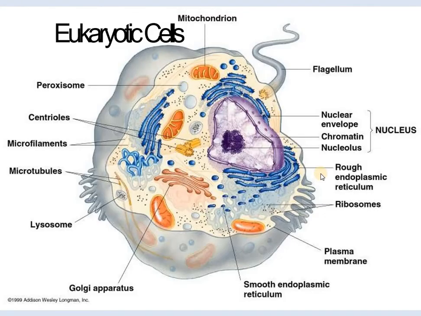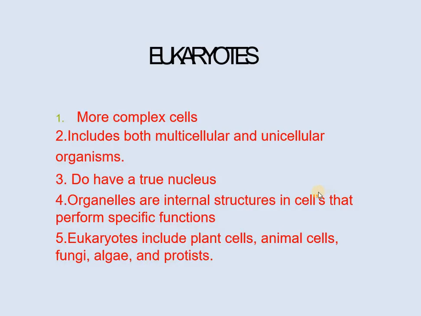This is the structure of a eukaryotic cell, a full-fledged, well-developed, typical cell. Here you can see all the internal structures of the cell labeled. So what is the characteristic? They are more complex than the prokaryotic cells.